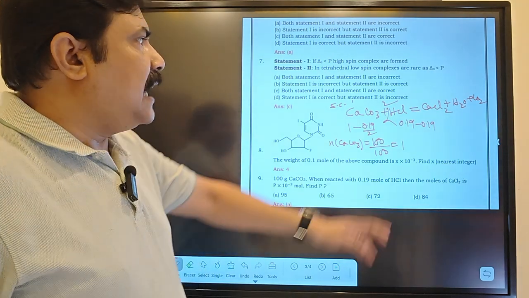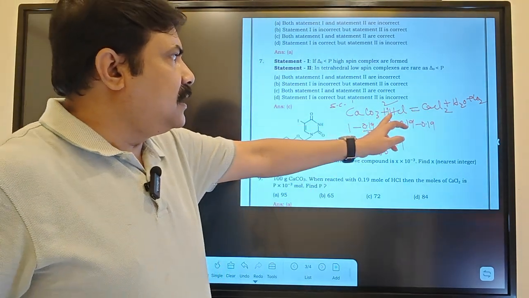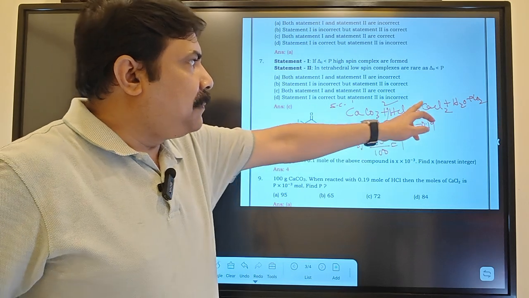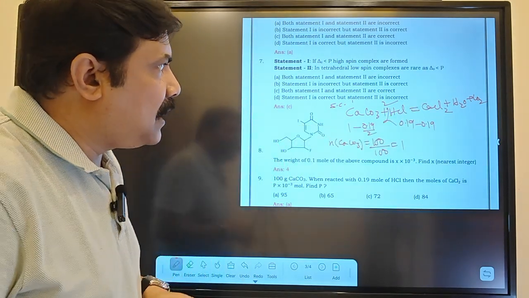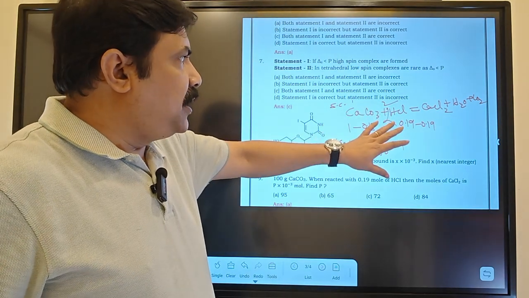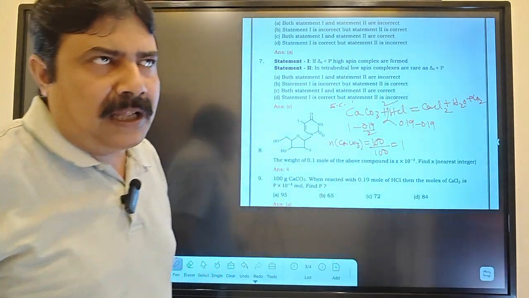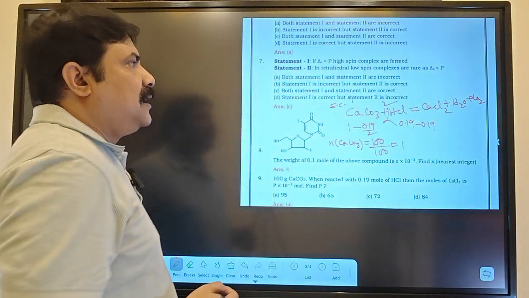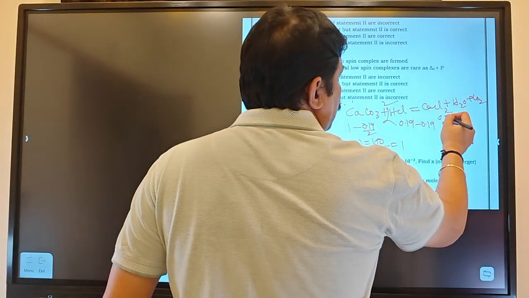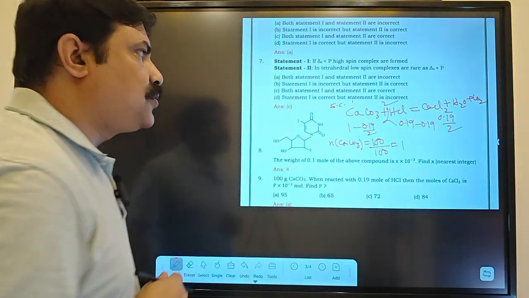Now whatever calcium chloride will be formed, whatever the HCl reacts, half that amount of moles of calcium chloride is formed, or whatever calcium carbonate reacts, that mole amount of calcium chloride is formed. So calcium chloride formed is 0.1 by 2. This many moles of calcium chloride are formed.